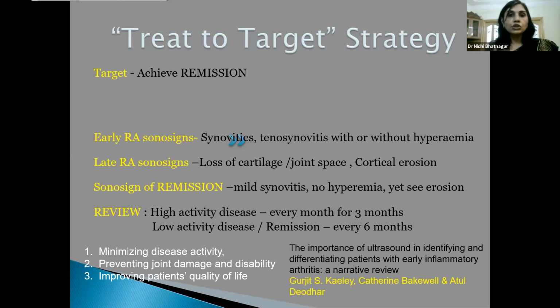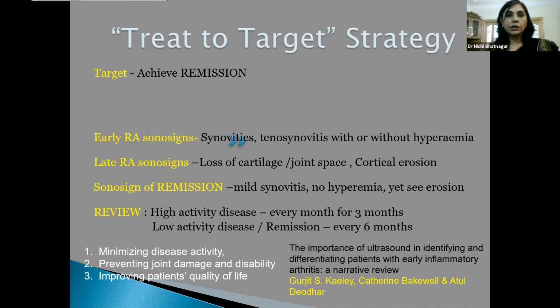Clinicians need this window of opportunity of early diagnosis. Therefore, they require very early indicators of diagnosis and outcome in patients who present with overlapping symptoms. The aim is a treat to target strategy. It's a kind of mantra for the rheumatologist.